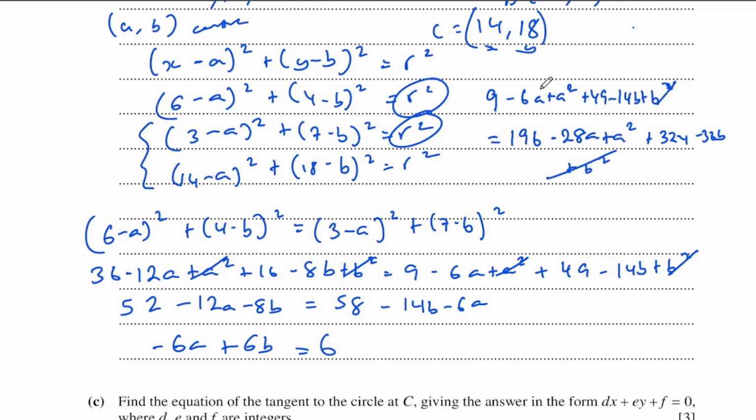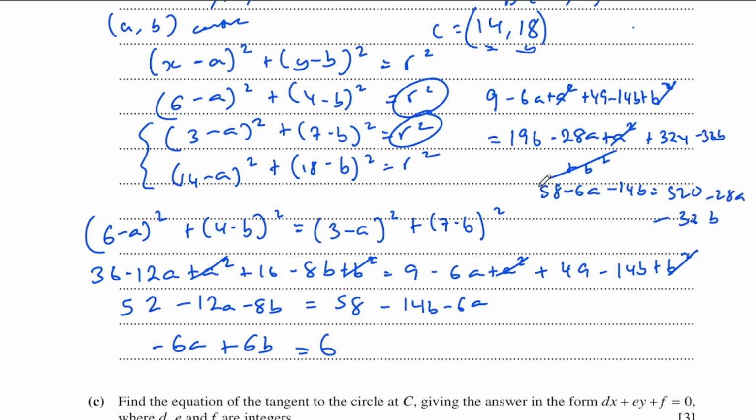This and this cancel out, this and this cancel out, you're remaining with the rest. So 9 plus 49, 58 minus 6a minus 14b is equal to 196 plus 324, which is 520, minus 28a minus 36b. So minus 28a minus 36b.